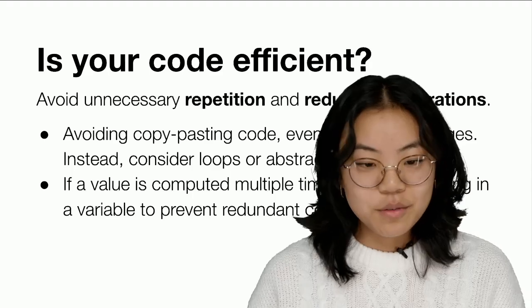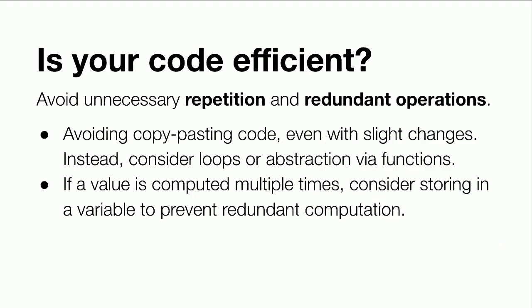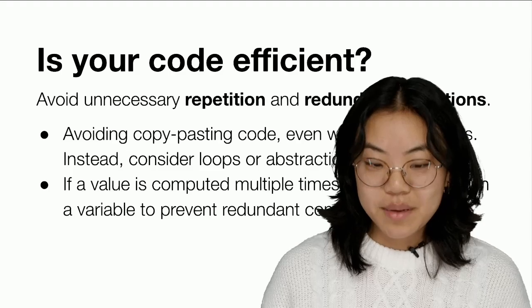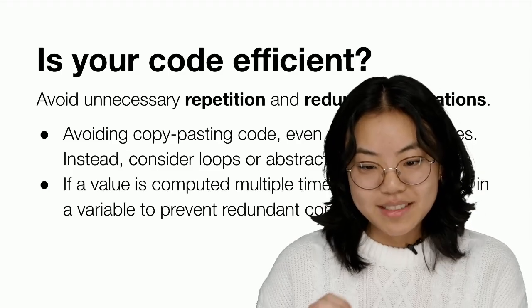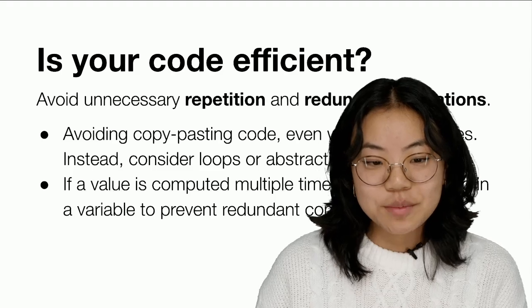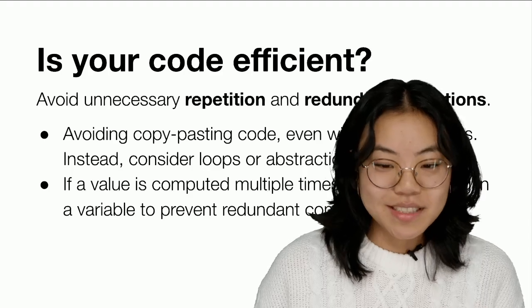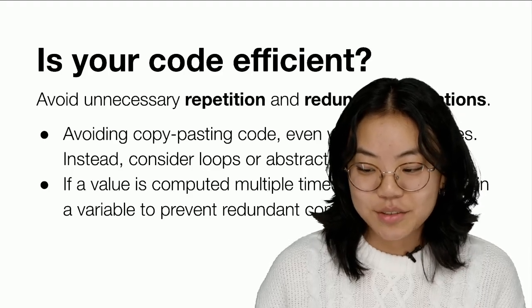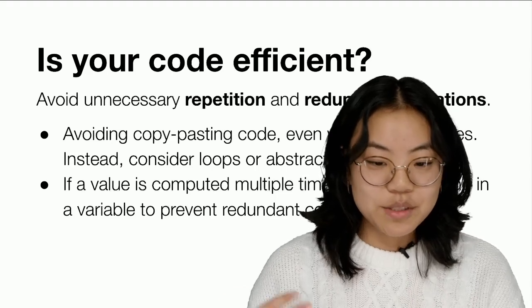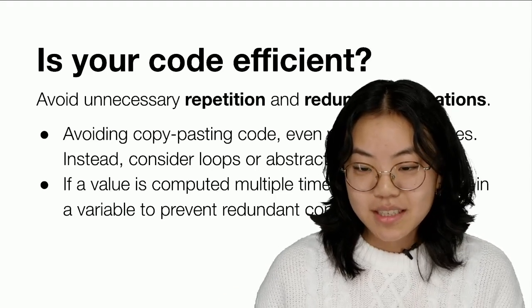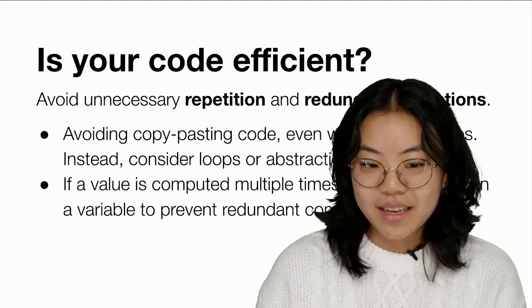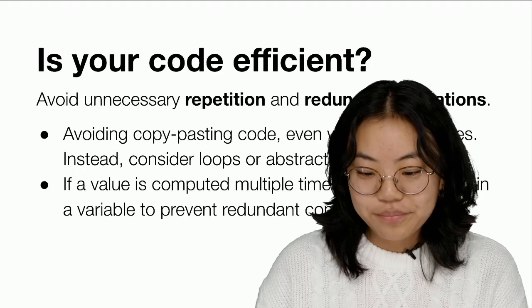Yeah, no, don't repeat yourself. As this slide says, we want to avoid unnecessary repetition and redundant operations. So you should avoid copy and pasting your code, even if you're making slight changes. That usually should be a sign. If you're doing some copy and pasting, perhaps this is a good time to consider using loops or abstractions, using a function to hide away some of that repetition.